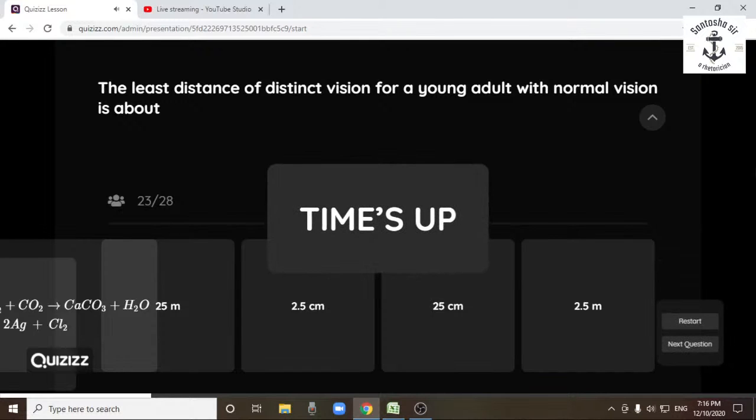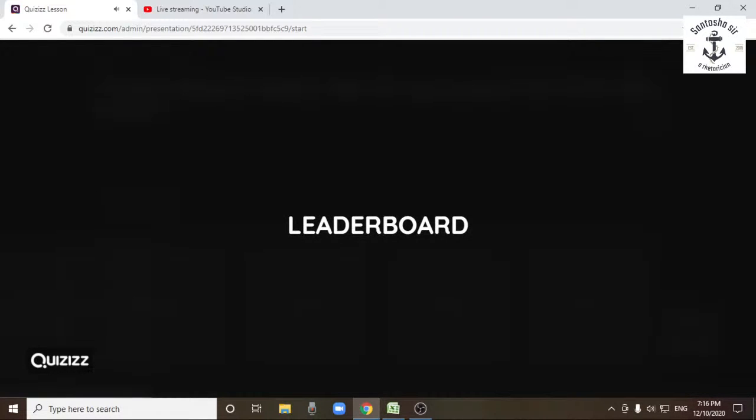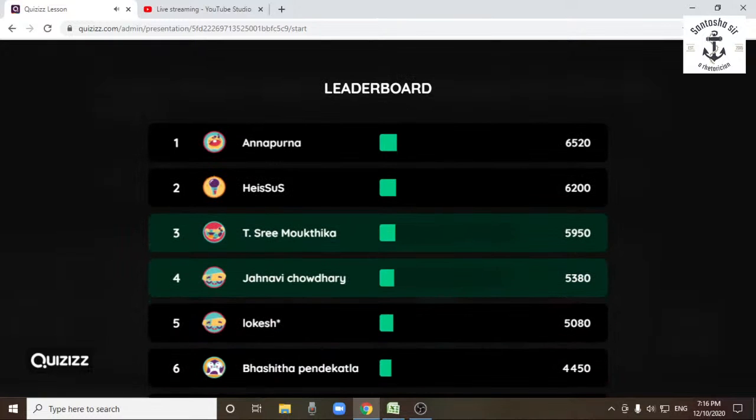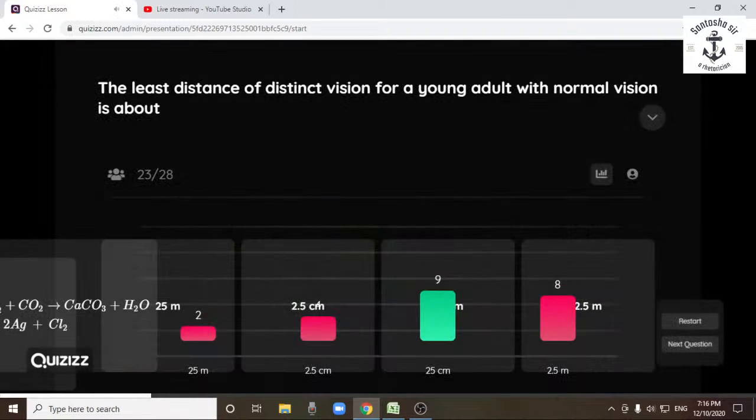Okay, time is up. Let's check the scores if there is any change here. Annapurna, Theseus, Moktika, Jahnavi, Lokesh. 9 members answered it right. Moving on to the next question.